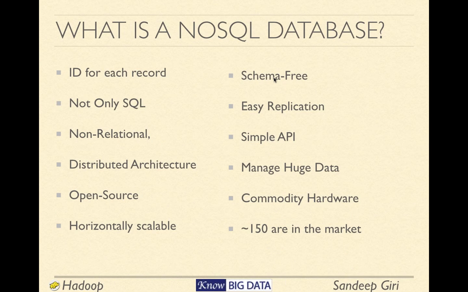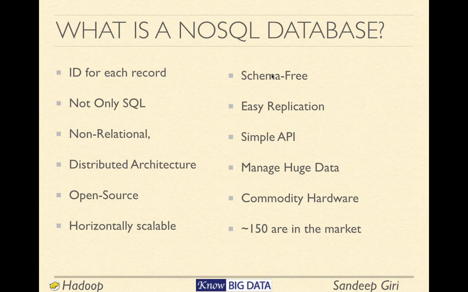and distributed computing in mind, and hence it is supposed to have an ID for each record or document. It is generally open source. Why? Because if it is not open source, nobody is going to adopt it. These are horizontally scalable, distributed, horizontally scalable, and managed data systems, which are all synonymous with each other.